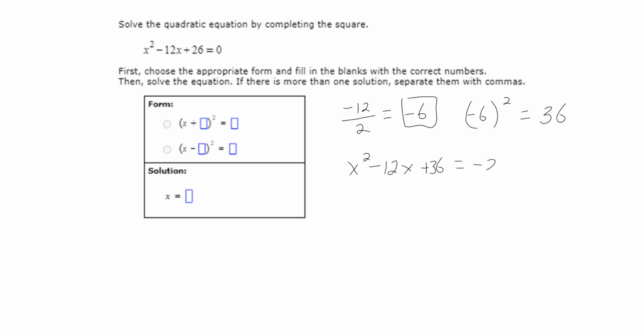So now I get, here's that important piece, x minus 6 all squared equals 10. Okay. So this one, we're going to select this one this time. So you're going to put a 6 in here and a 10 over there. Now let's finish solving. Take the square root of both sides, plus or minus all the time, don't forget that, and then add 6 to both sides.